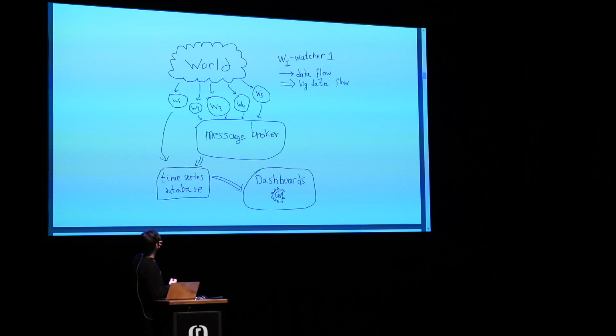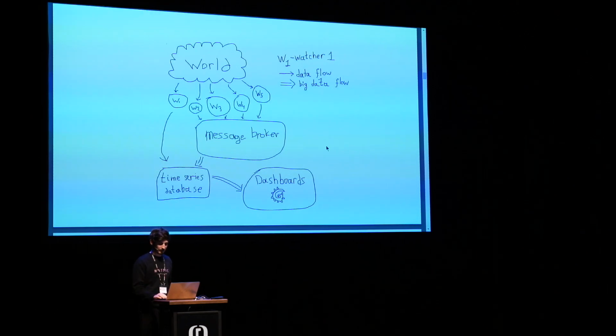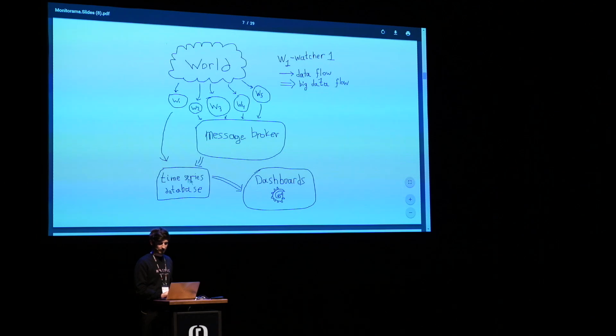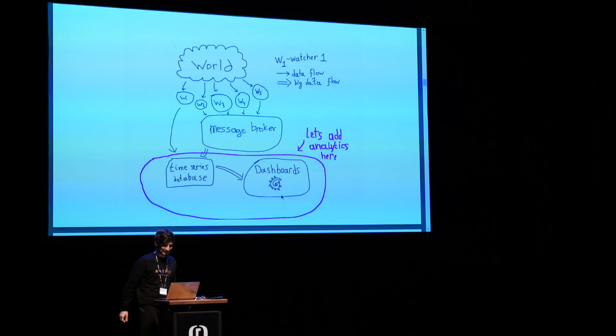Right. So this is how I see the world. This is the world, and you have watchers, and you get some metrics from the world, and you have a time series database, and somehow you visualize it. This is the Grafana logo, right? And if you want to make an analytics tool, I think we should start something here.